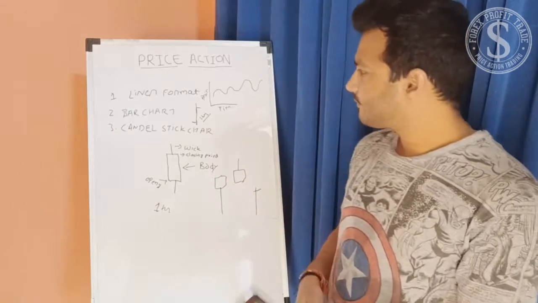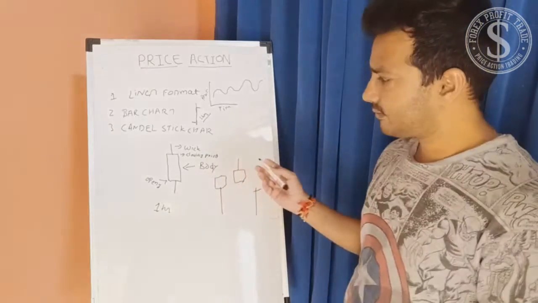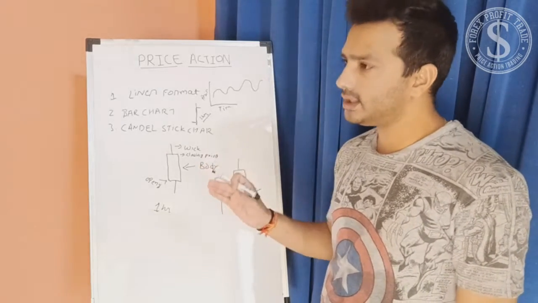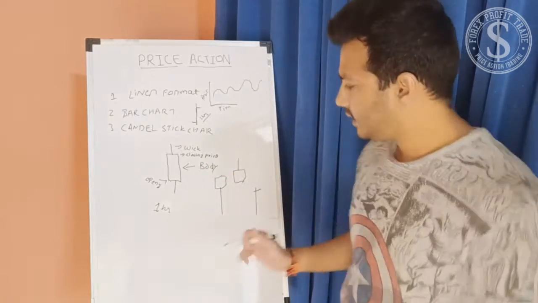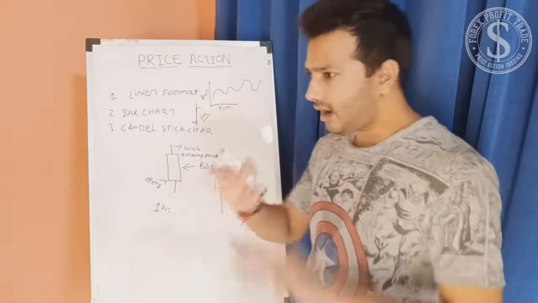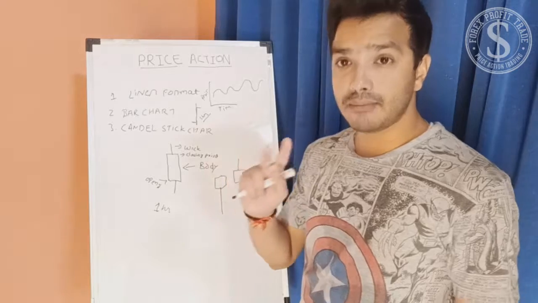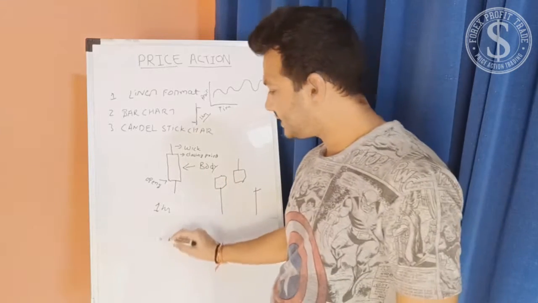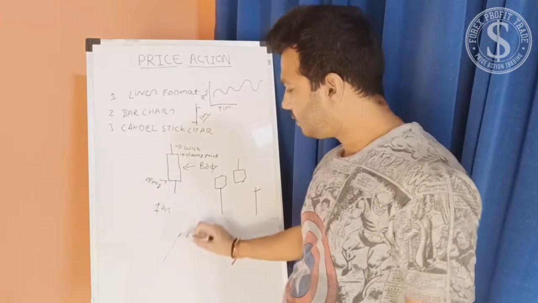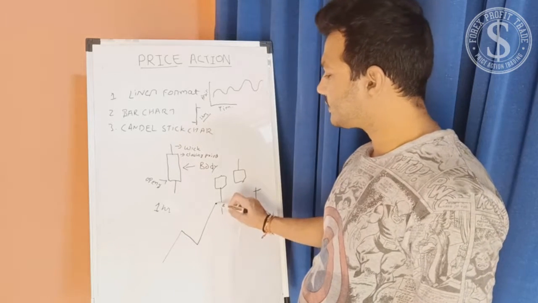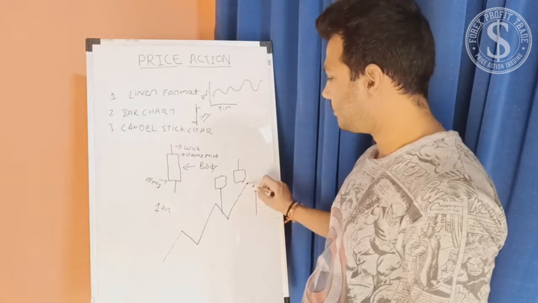Because every market, every pair, stock, commodity, whatever you trade, makes two moves. First is an impulsive move, and then there will be a corrective move, then again an impulsive move, then again a corrective move.